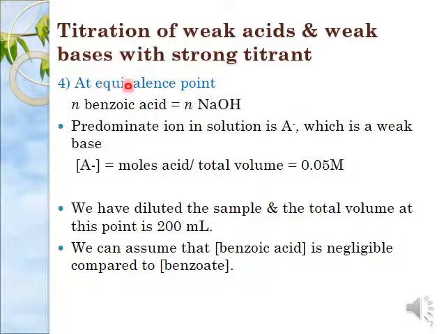To find number of moles, n equals M times V. So M of benzoic acid is 0.1 molar, volume is 100.